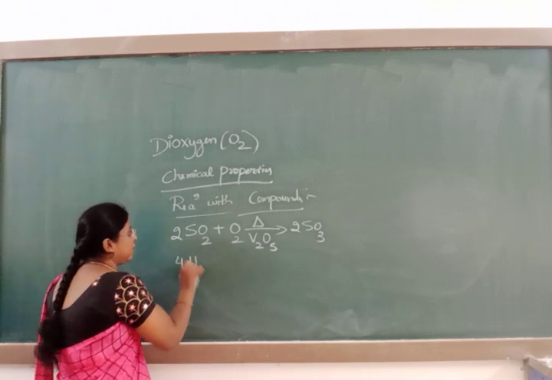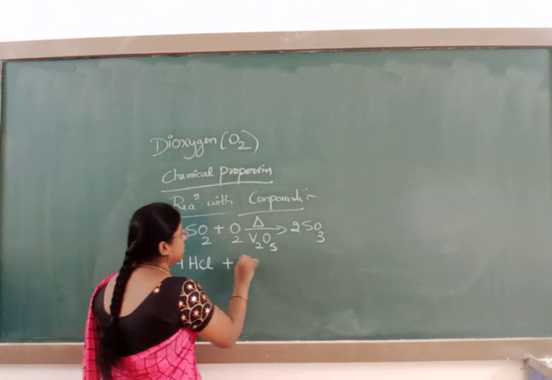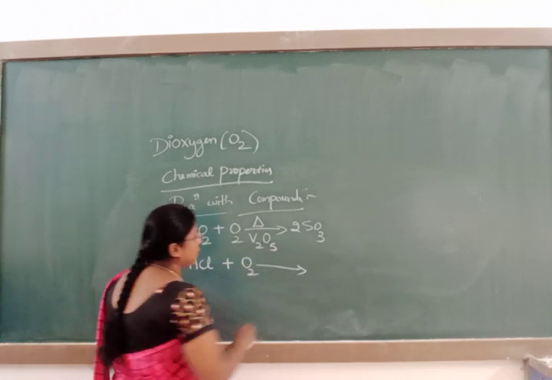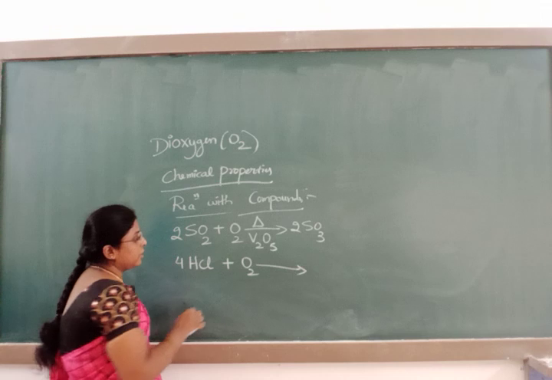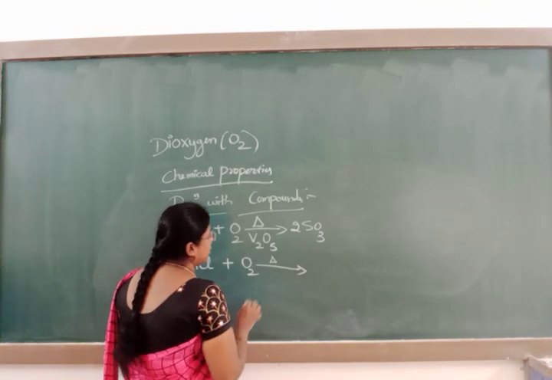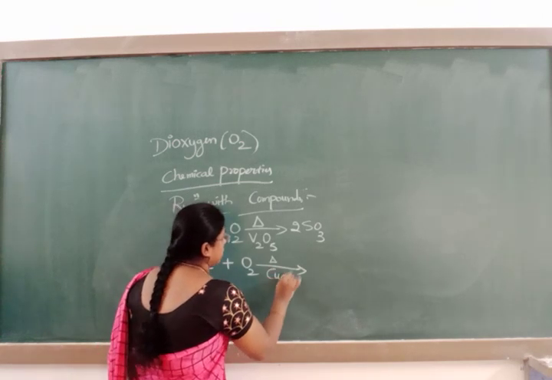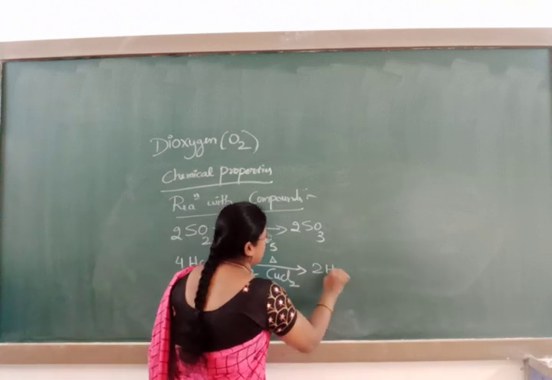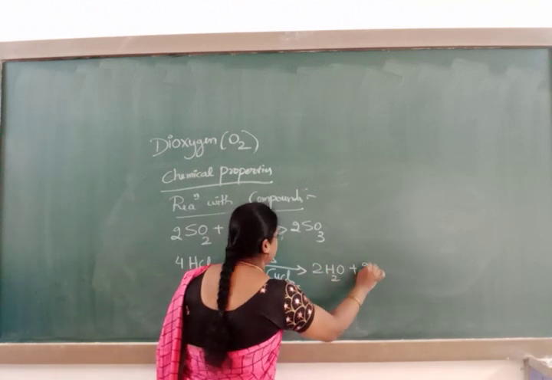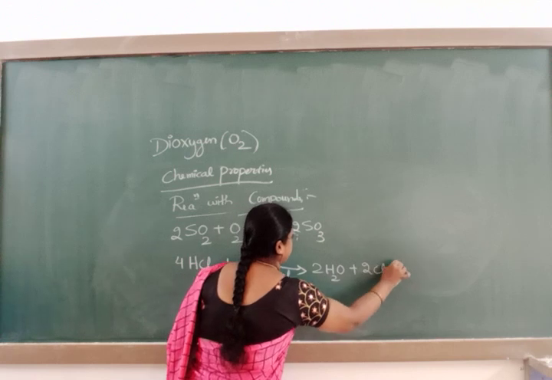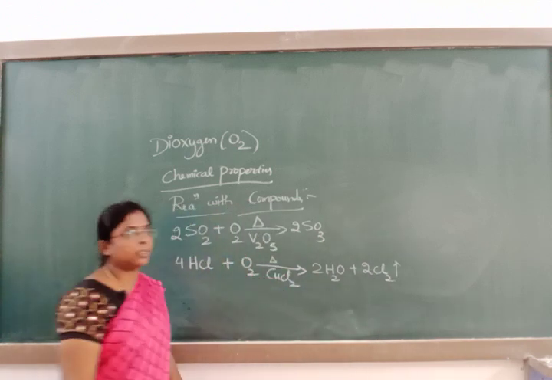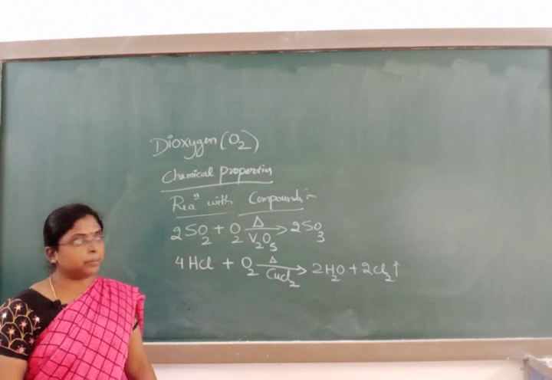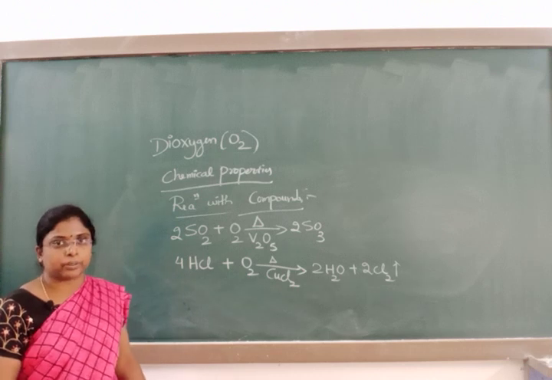Hydrochloric acid burns in the presence of oxygen and a catalyst like CuCl2 to form water as well as chlorine gas. These are some of the chemical properties of dioxygen.